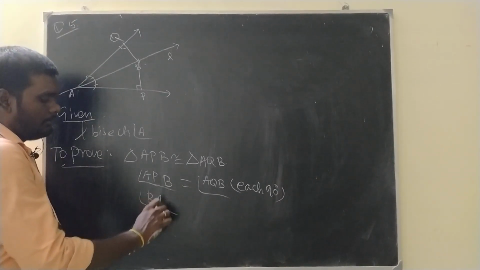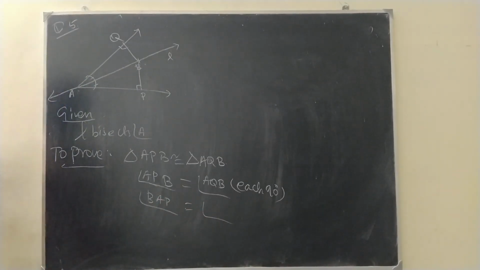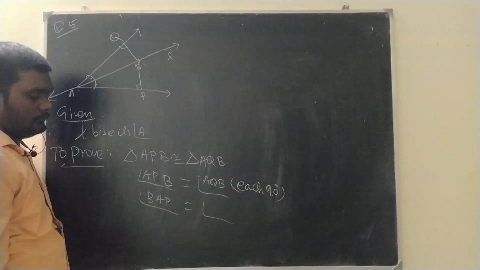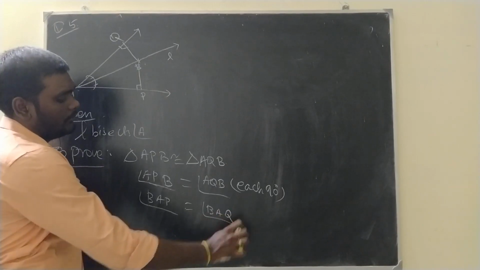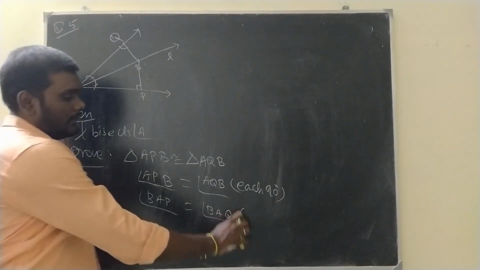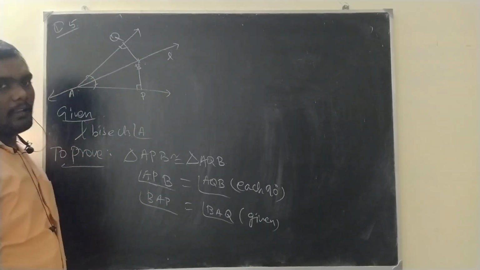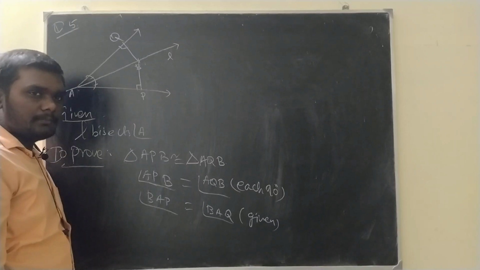angle BAP is equal to angle BAQ. I am writing BAQ. Why? It is given, angle bisector. And then any other things you find? Think.